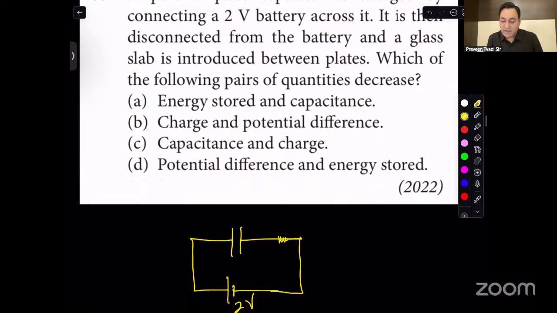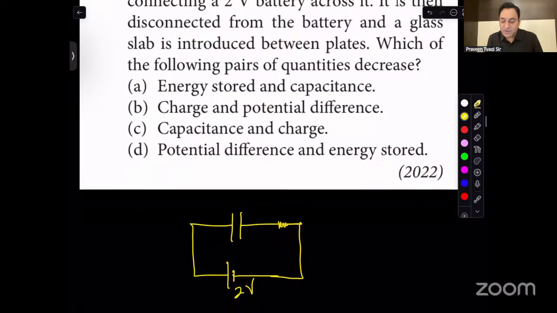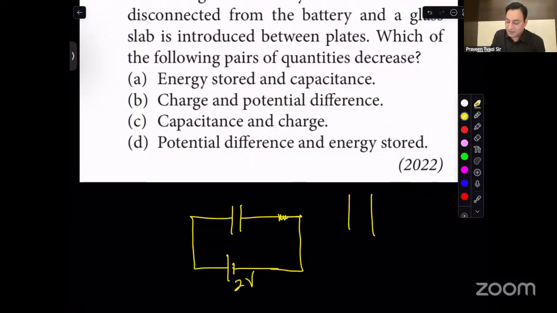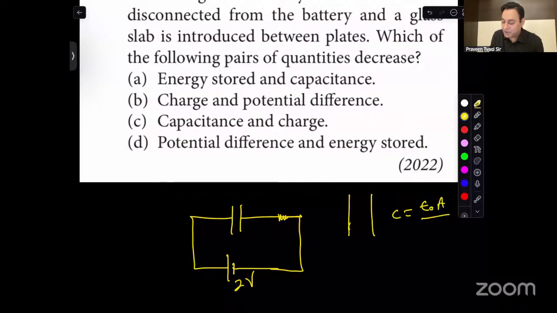It is then disconnected from the battery and a glass slab is introduced between the plates. Which of the following pair of quantities decrease? So when there is a parallel plate capacitor, the capacitance is C equals epsilon naught A upon d.